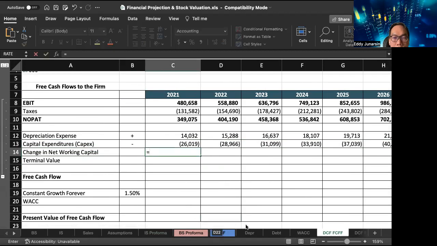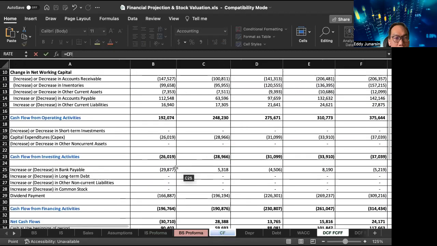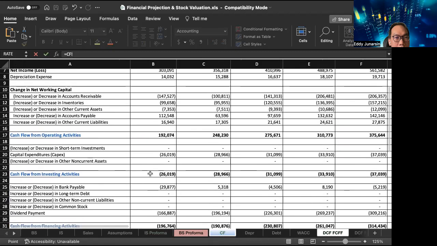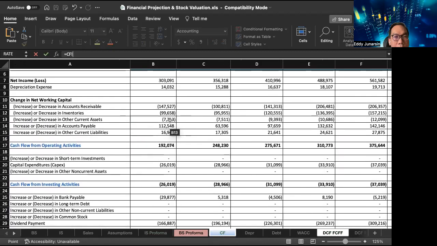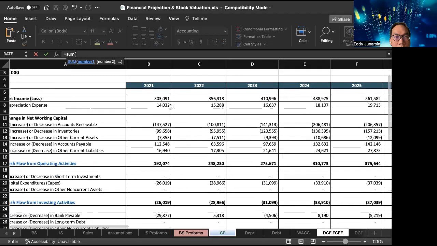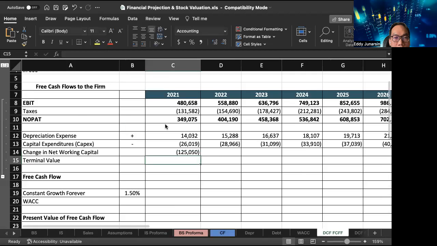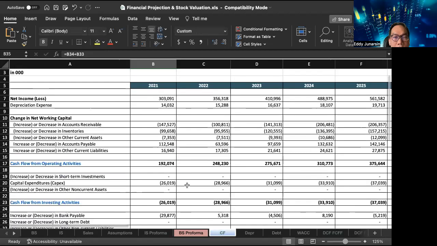Again, we can get it from the pro forma cash flow statement. Yeah, essentially all of this, right? It's the sum of this. All right, the change in net working capital. Okay, so the total is negative of this.